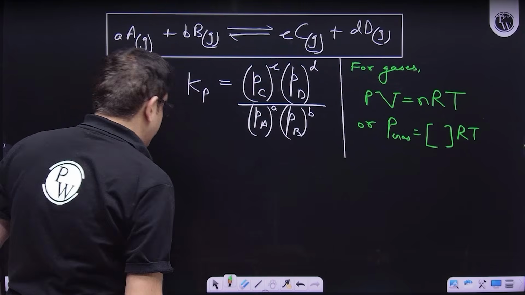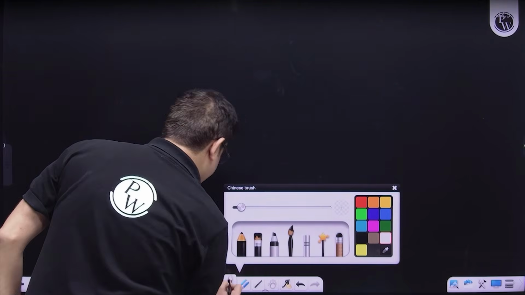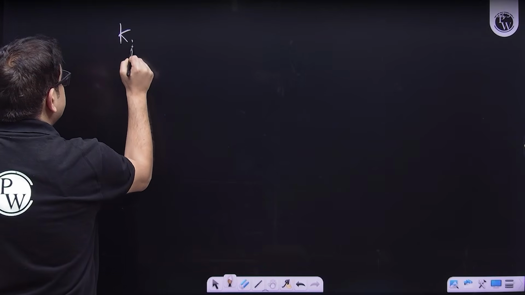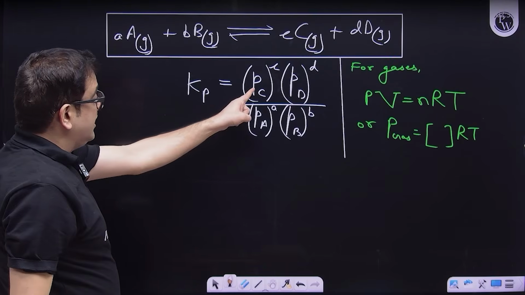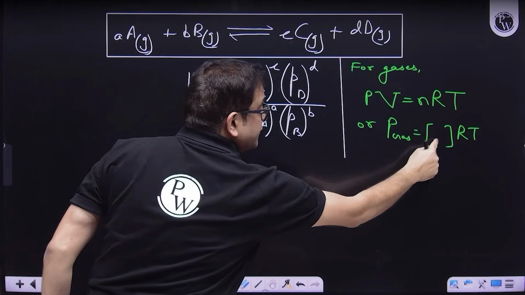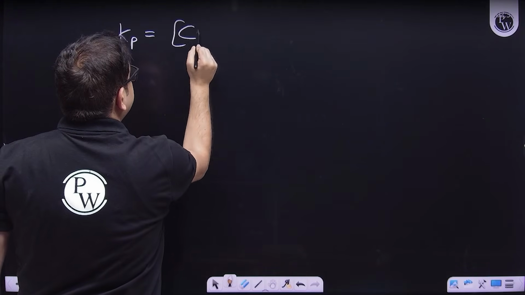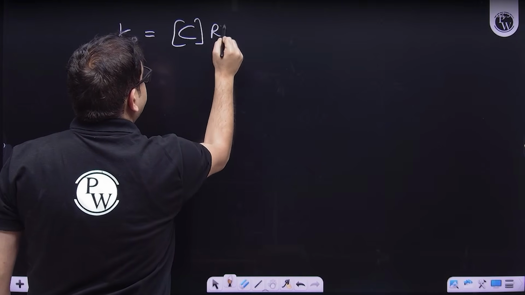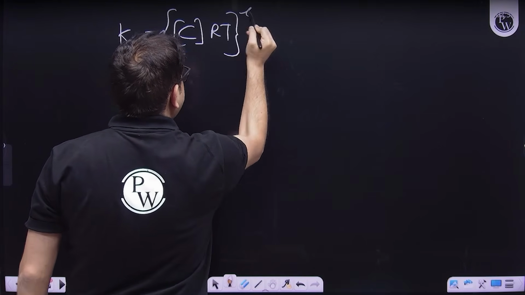So using this, what I can say, Kp is equal to, instead of the partial pressure of C, I'll write concentration of C into RT raised to the power C. So concentration of C raised to the power, RT whole raised to the power small c.